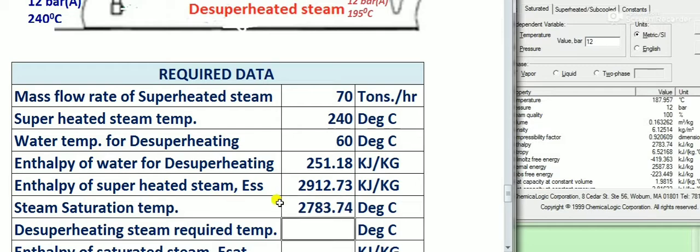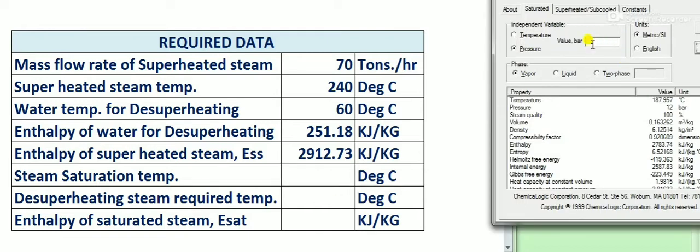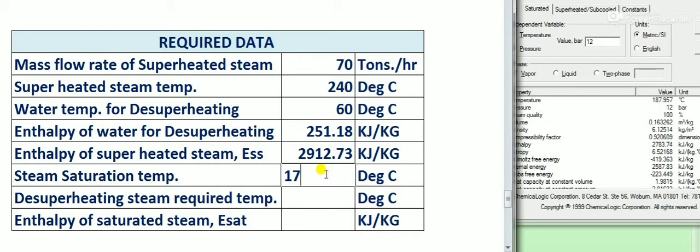And for the desuperheated steam required temperature, we know the saturation temperature is 187.957. It should be greater than that by 5 degrees, so we will take 193 degrees centigrade.